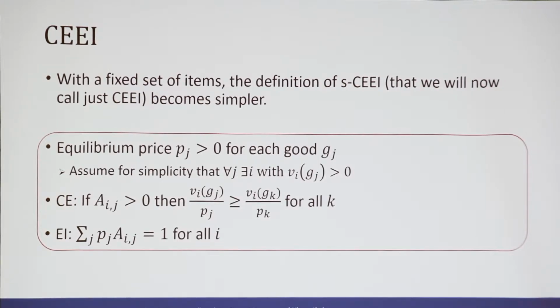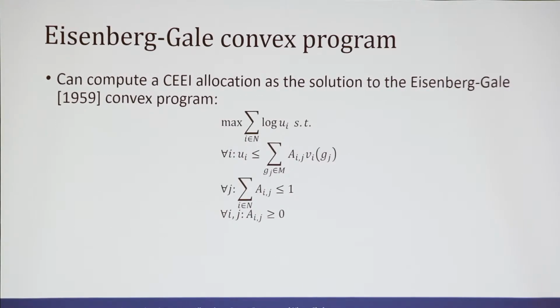All right, so this is exactly what we had before. And as Nisarg told you earlier, the solutions of this kind of system maximize the product of the agents' utilities. In this setting, we can actually compute that according to this very nice convex program. It's called the Eisenberg-Gale convex program. It was formulated way back in 1959. And what this does is it literally just maximizes the product of utilities, or equivalently the sum of the logs, subject to the utilities of the agents being as we want them, and subject to the allocation being feasible.